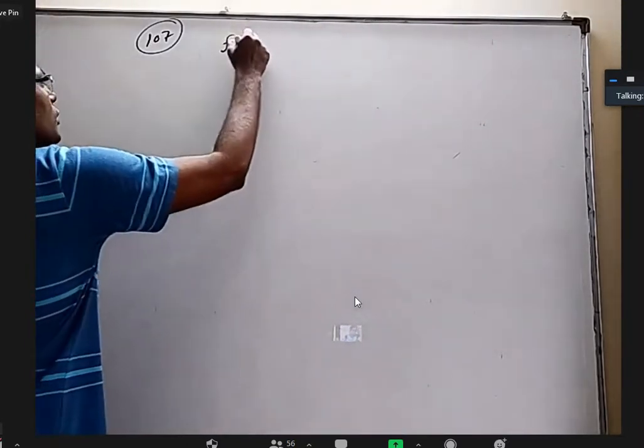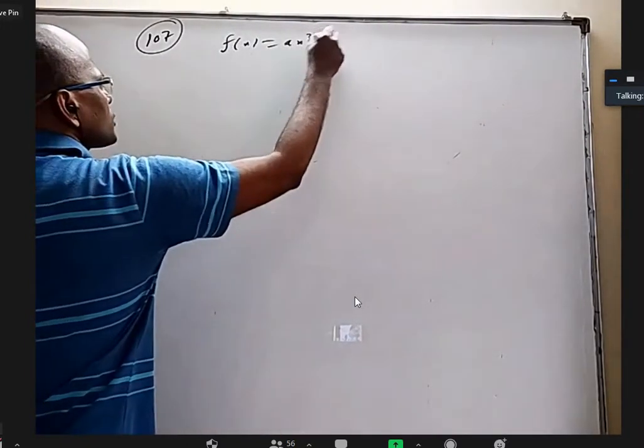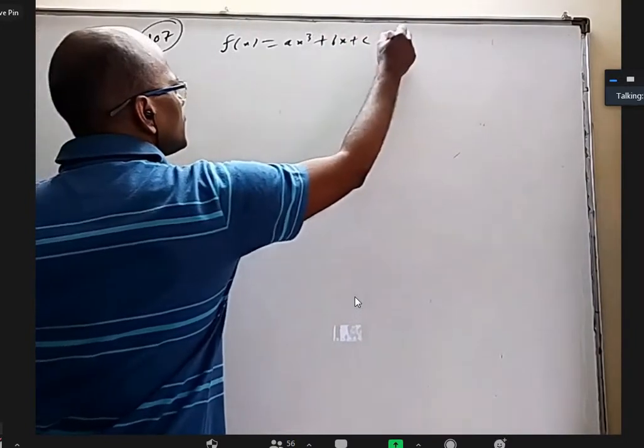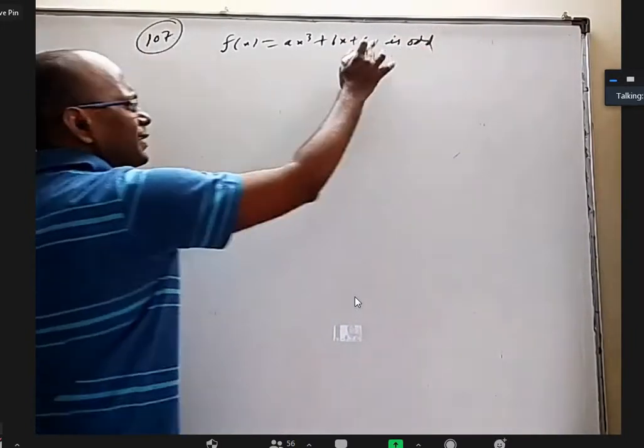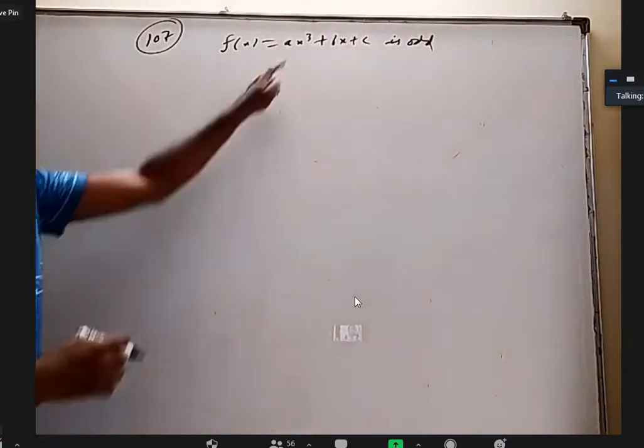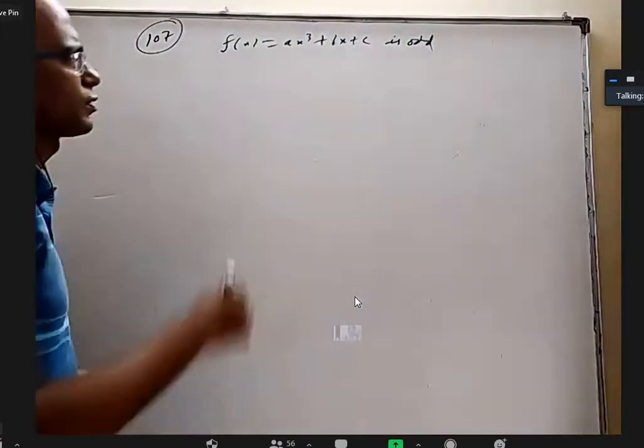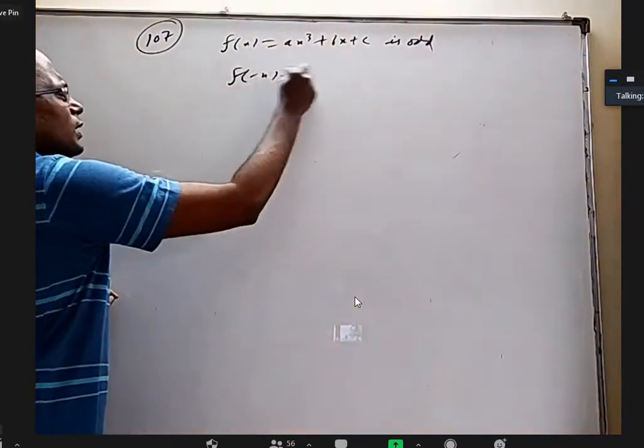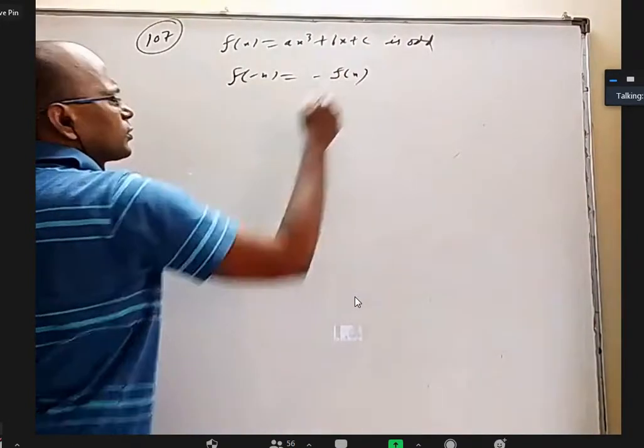Okay, 107. They gave some function and said it is odd. So f of x is equal to ax cube plus bx plus c. Here it is an odd function. Directly I can say the constant should be 0 because this is odd, this is odd, but not this. If you want to prove it, take f of minus x equal to minus f of x.